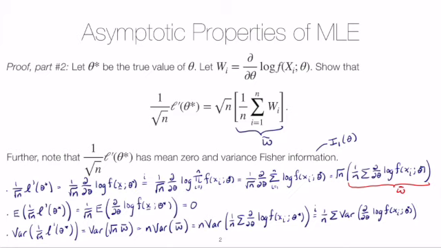So when we sum over them, we get n of them, so we get n times I_1 of theta, but then the n cancels down here. So this variance is I_1 of theta, and that means this whole thing is just I_1 of theta because of the cancellation of the n's. Again, I should put my stars here.